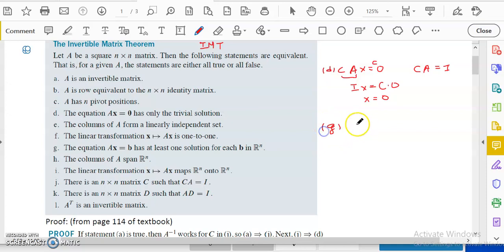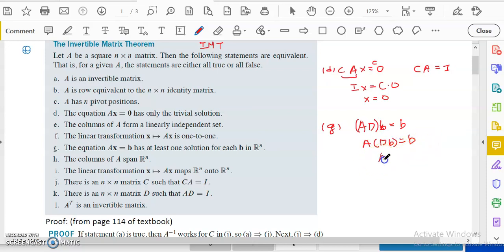So from G, we would say ADx would equal to ADb would equal to b, right? Because we know that AD equal to I. But then ADb by associative property is equal to b.